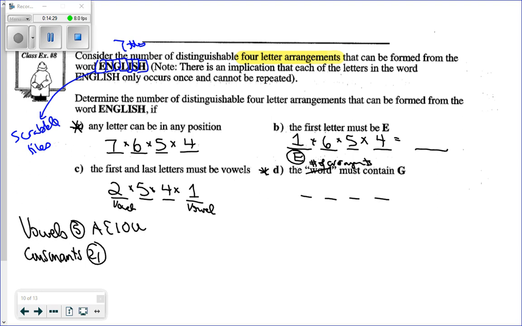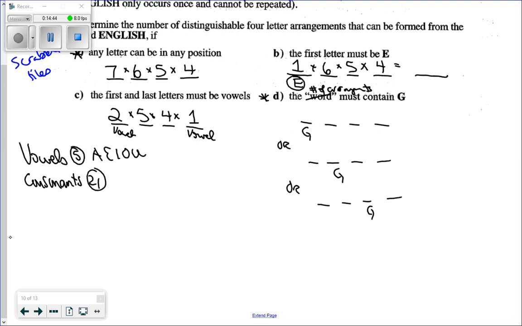No. So the way you have to interpret this is you have to say, okay, G could be in the first spot, or the next one, or the next one, or this one. So when we get into some of these questions, you have to stop and go, hold on, have I accounted for everything that could happen?